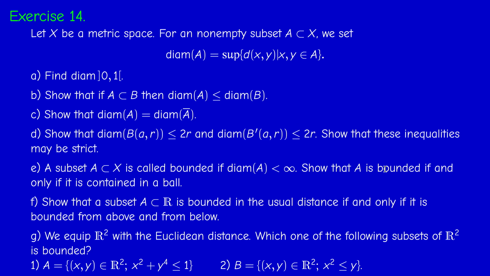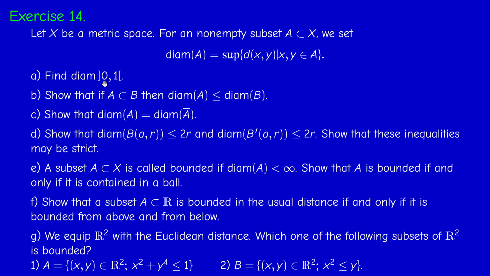Next exercise is about the diameter of a set. How do you define the diameter of a set? It is in some sense the biggest path joining 2 points in A, or the maximum distance, if you like, between 2 points. Now it's a supremum because it need not be a maximum. And this is the purpose of the first question.